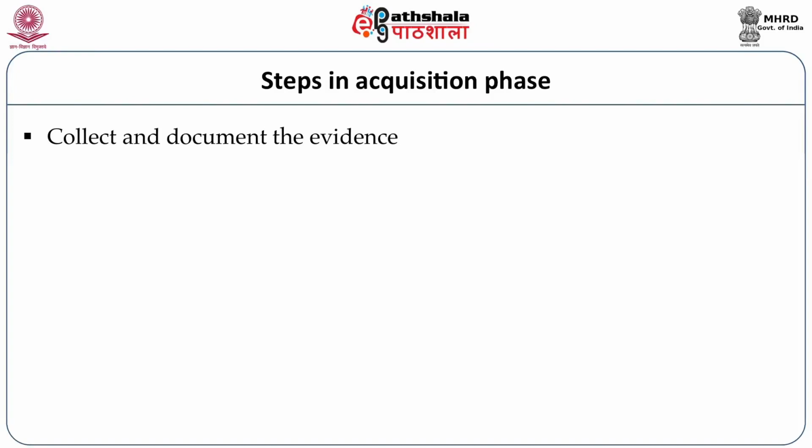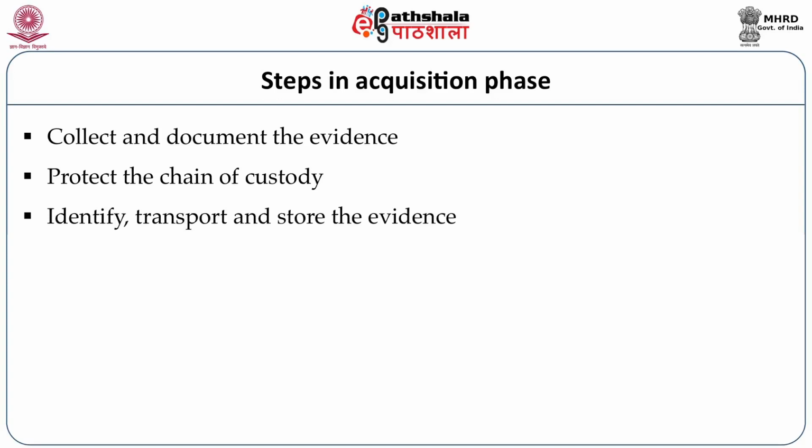When we are doing acquisition, which are the steps to be followed? The first is collect and document the evidence. The second is protect the chain of custody. The third is identify, transport, and store the evidence. And the fourth is duplicate the suspected evidence.